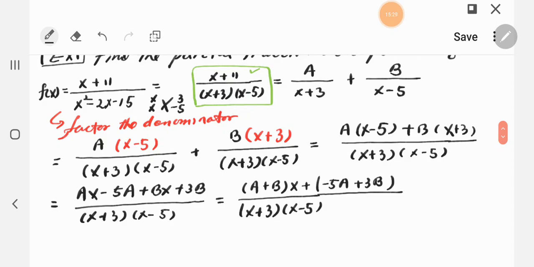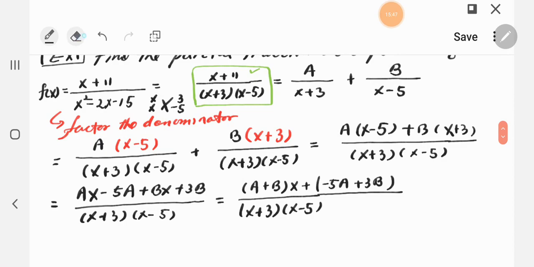So what we do is combine the like terms, collect x terms together. Then the coefficient of x will be a plus b, and the constant will be negative 5a plus 3b. That's what we have.